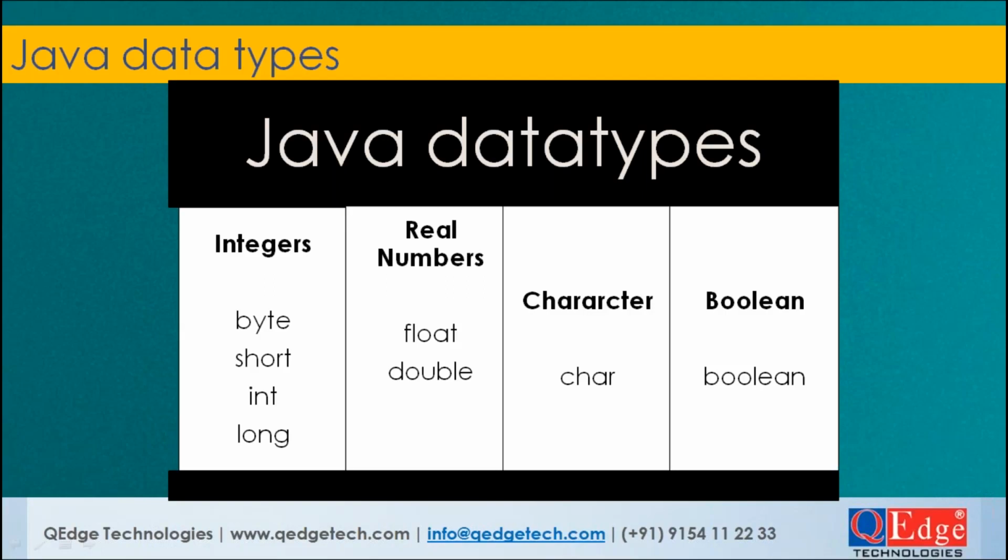If I declare a variable of these 4 types, I cannot store a decimal portion. 2 data types belong to real numbers. There is 1 data type belonging to the character category, and there is 1 data type belonging to Boolean. Do observe in this discussion, there are 8 data types belonging to 4 categories. There are 8 data types.